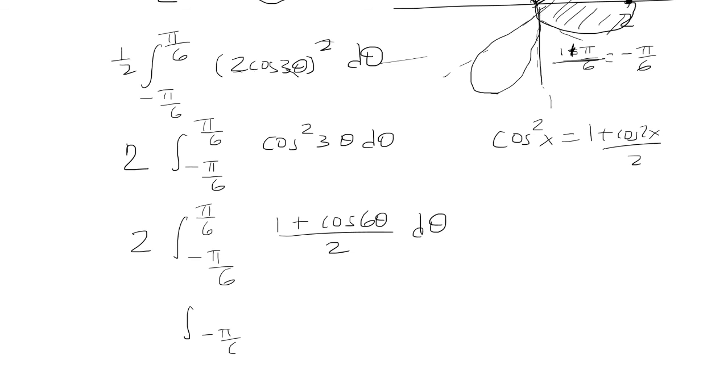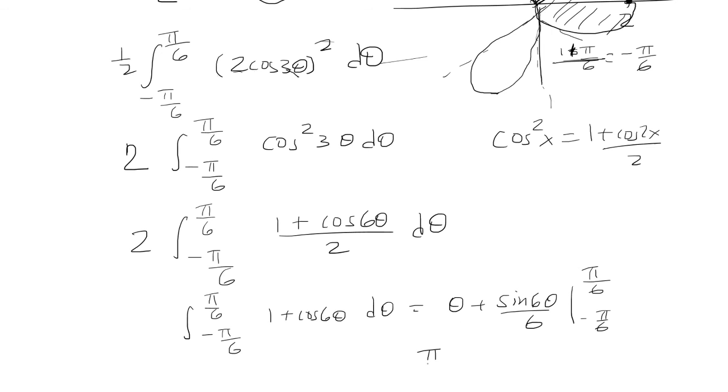So we have the integral from negative pi over 6 to pi over 6 of 1 plus cosine 6 theta, which is theta plus sine 6 theta over 6, from negative pi over 6 to pi over 6. Plug in pi over 6: sine of 6 times pi over 6 is sine of pi, which is 0. Minus, plug in negative pi over 6: sine of negative pi is also 0. So pi over 6 minus negative pi over 6 is pi over 3. And that's the area.